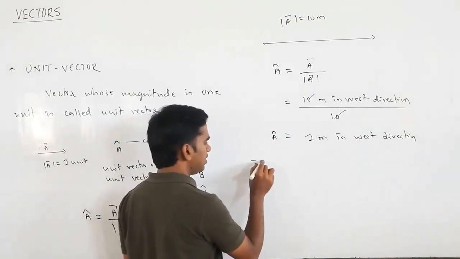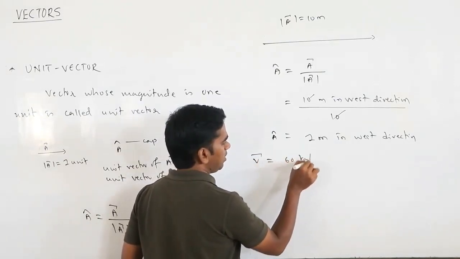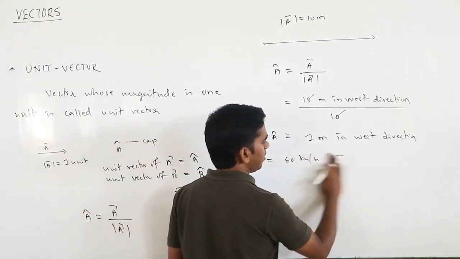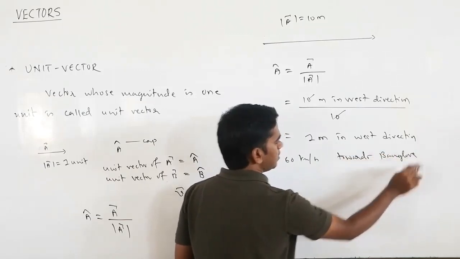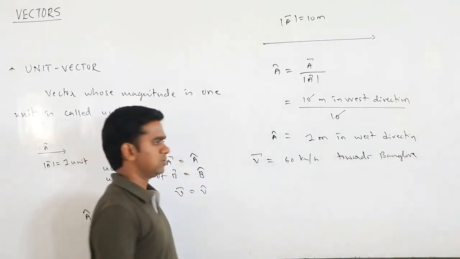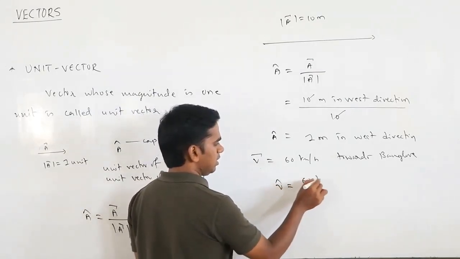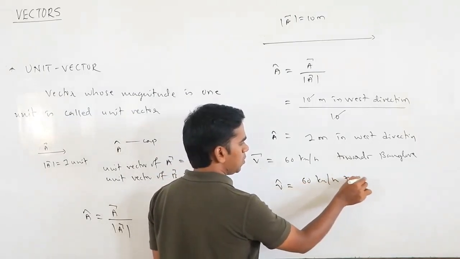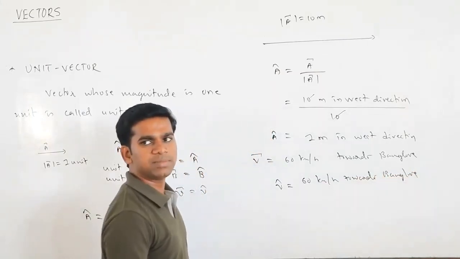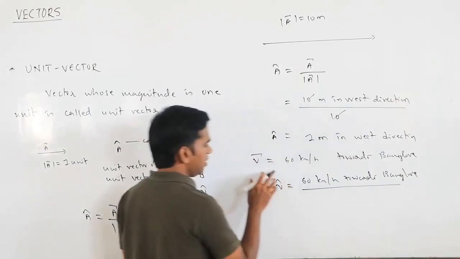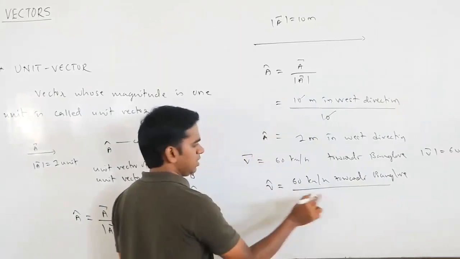Suppose velocity vector V is say 60 km per hour towards Bangalore. So unit vector V cap is equal to 60 km per hour towards Bangalore divided by the magnitude of this, which is 60.